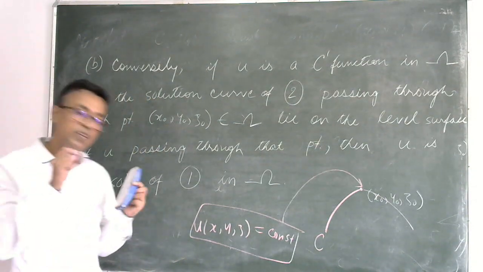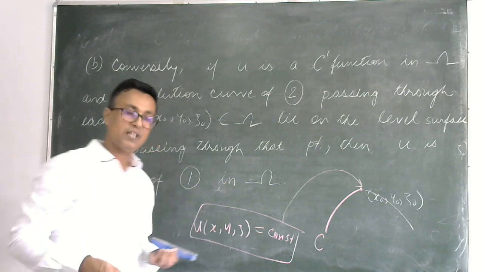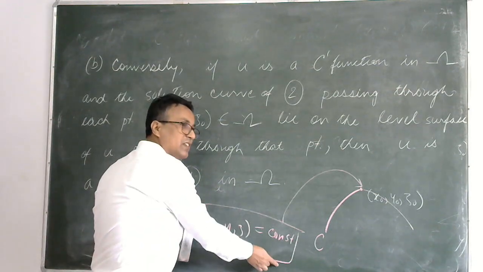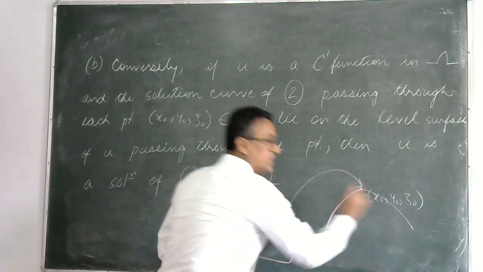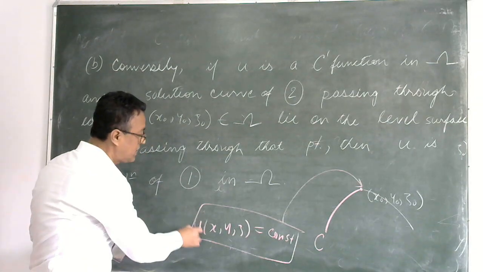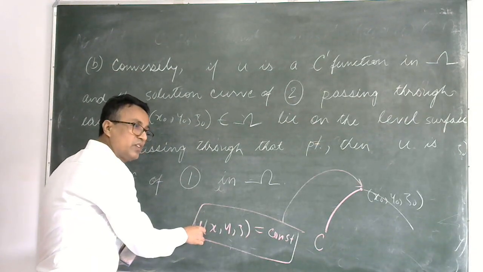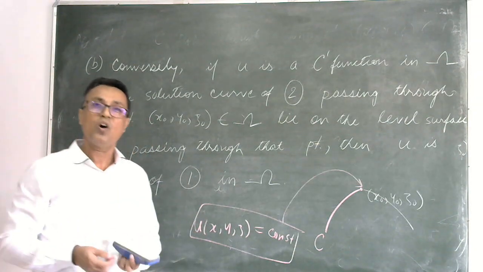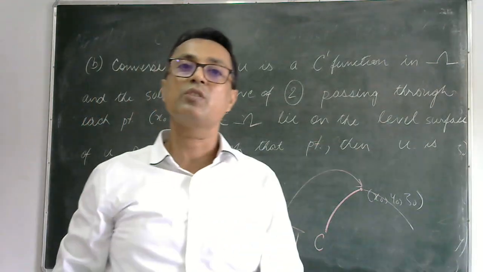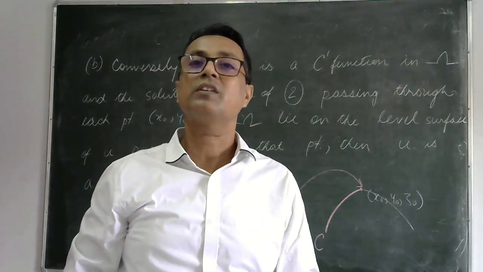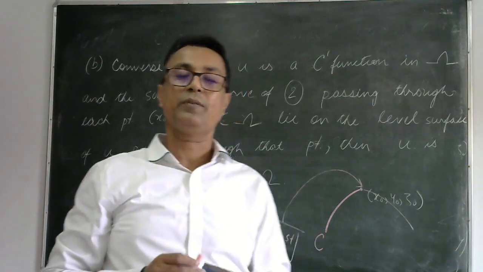Now what the theorem is saying is that if this level surface contains this integral curve, then this function u must be a solution of p u_x plus q u_y plus r u_z equal to 0. Is it clear to everybody?